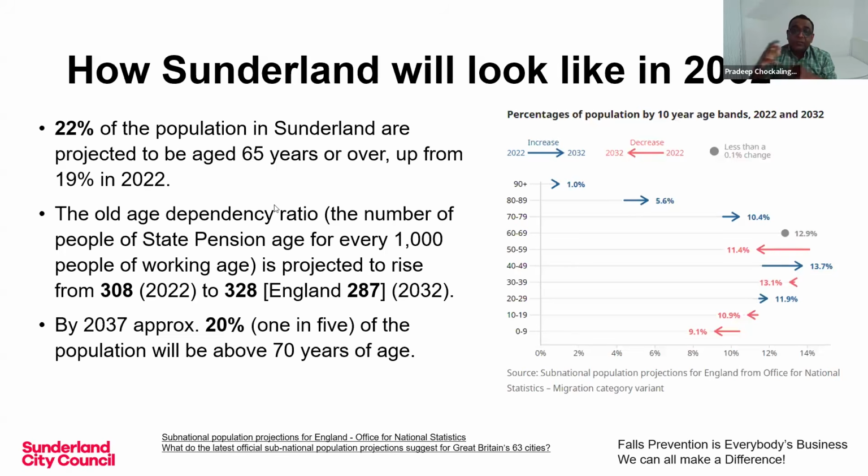So in future, the funding is also going to be severely compromised, as well as 20% of people being above 70. These are all challenges. It's not going to go away. We have to find a solution. We have to upskill our staff on a massive scale to prepare for the future, tackle this head on and make significant improvement. So this is from the health and demographic point of view.